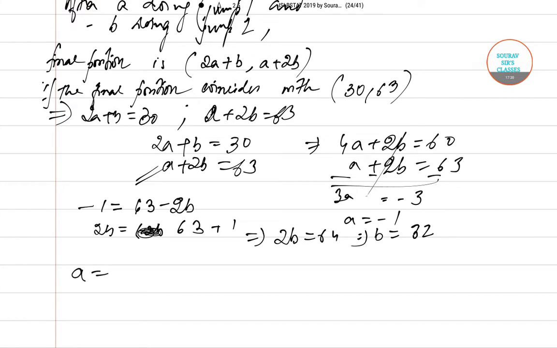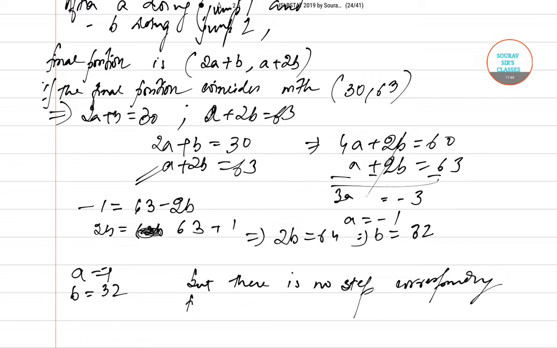But since there is no step corresponding to minus 1, thus 30, 63 is not reachable. 30, 63 is not at all reachable, because a minus step cannot be possible, isn't it? So that step is not possible.